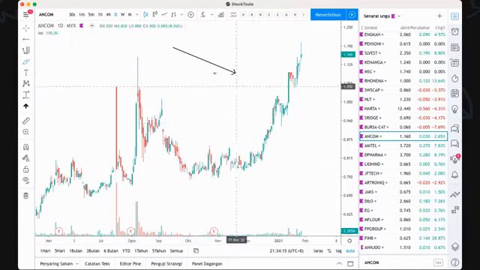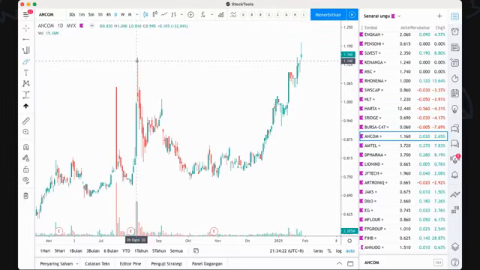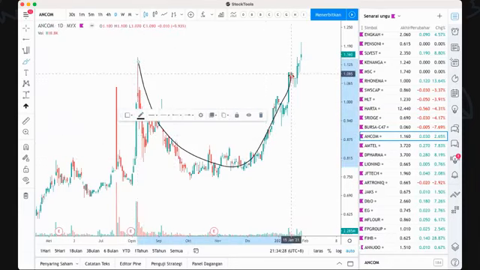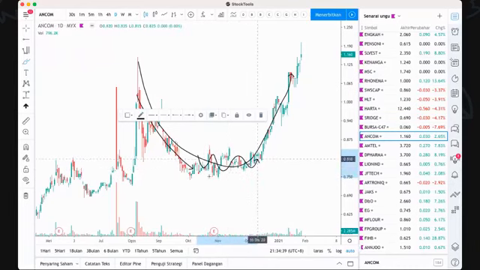But the same thing applies to this rounding bottom, right? What you should know is that there are actually three things happening inside this pattern. First, the price is in a downtrend, then it stays in an accumulation period. That's why the price is maintained above a certain support, right?